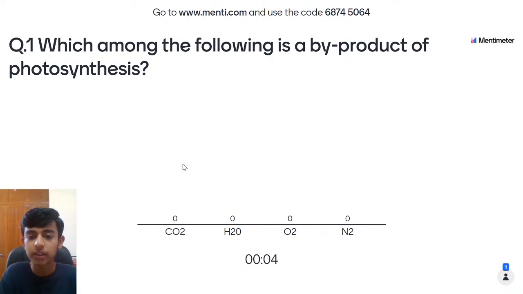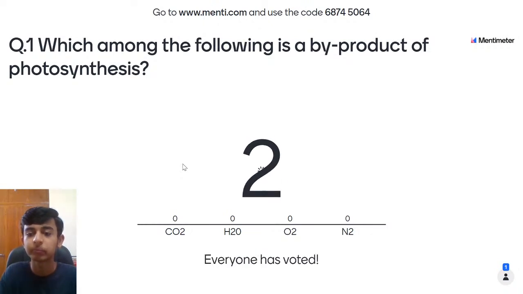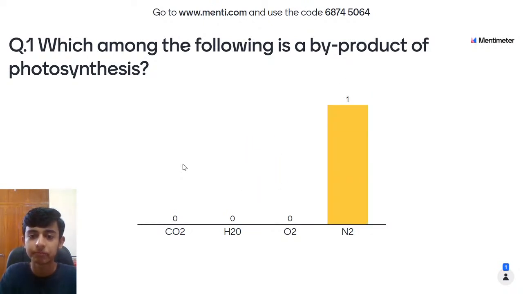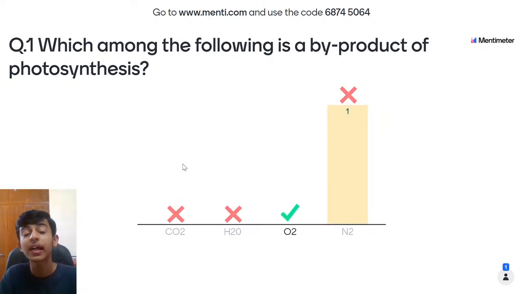You can just give your answer. Oh, somebody has answered N2, that is nitrogen gas. No, nitrogen gas is not used at all in photosynthesis, it is oxygen. Oxygen is released and it is a byproduct of photosynthesis.